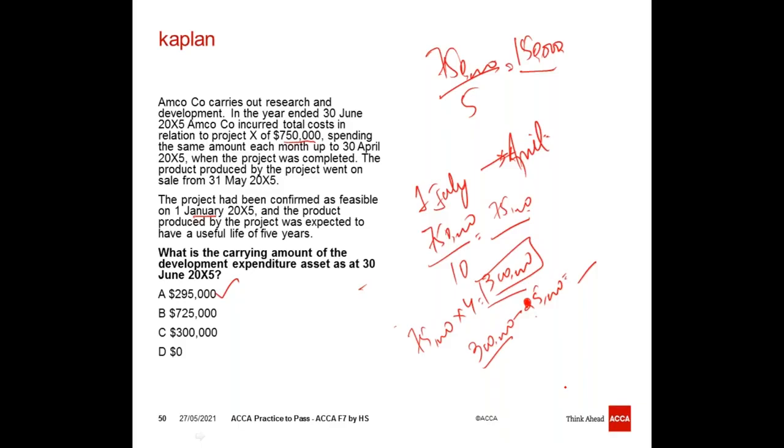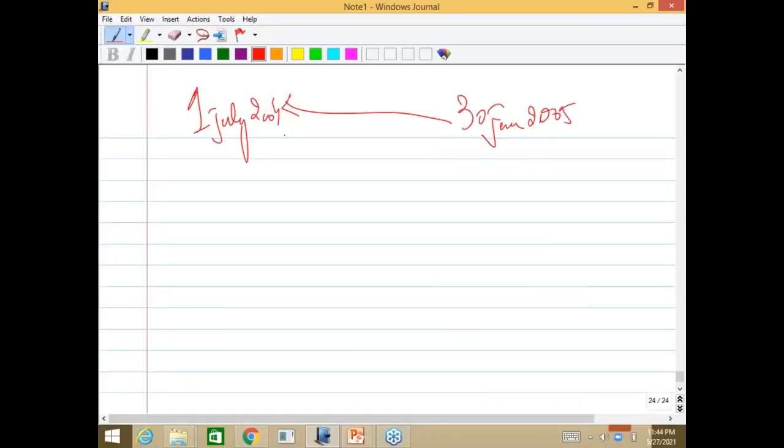In the year ended 30th June, AMCO company incurred a total cost in relation to project X. In this current year, they have incurred an expenditure of 7,50,000, spending the same amount each month up to 30th April. So from 1st July to 30th April, they have incurred the same amount with a total cost of 7,50,000. When you count this period, it will be 10 months.